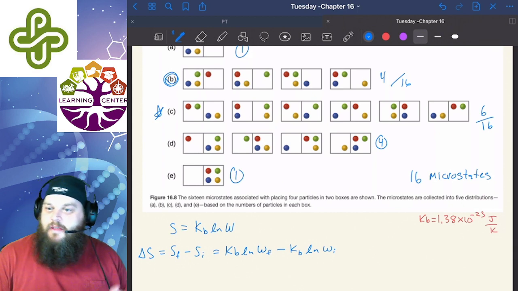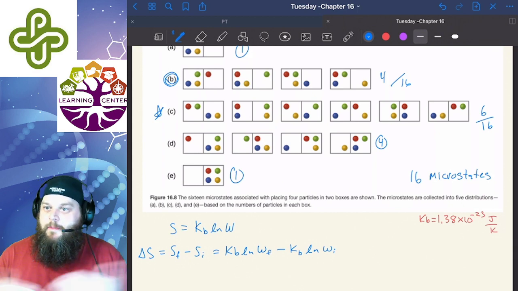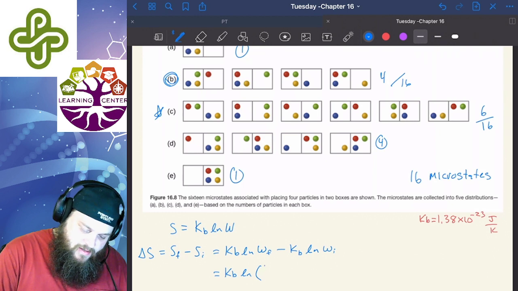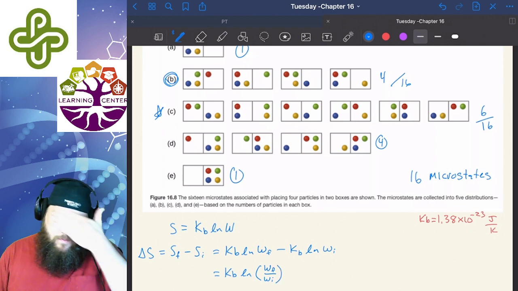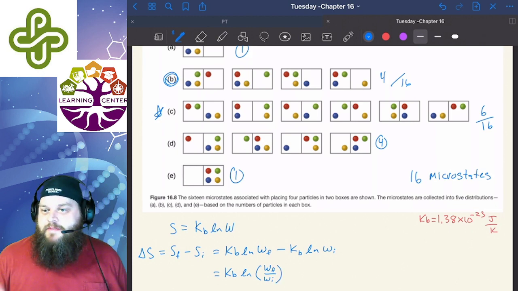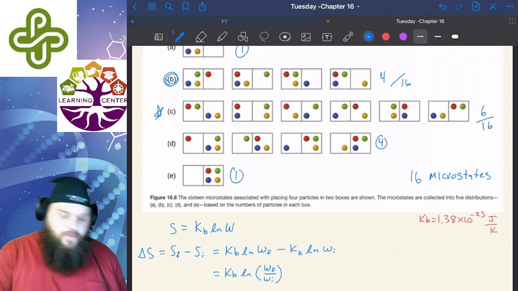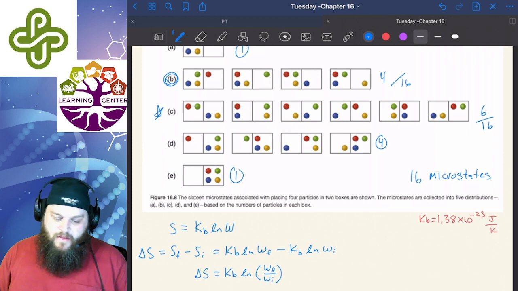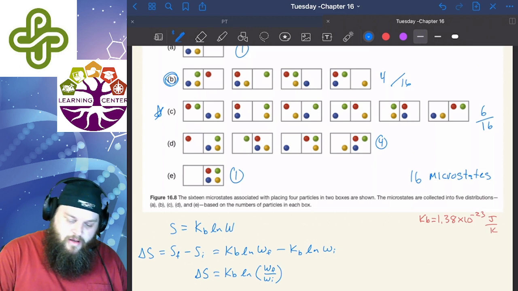Then using the laws of logarithms, we can combine those into one logarithm. This is equal to the Boltzmann constant times the natural log of the ratio, it's always going to be W final over W initial. And that'll tell us the change in entropy, S.